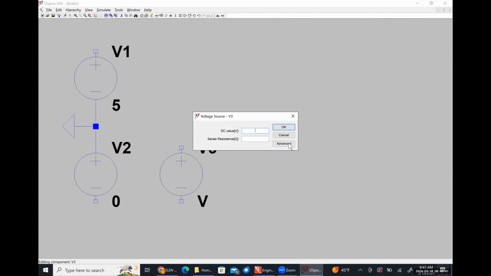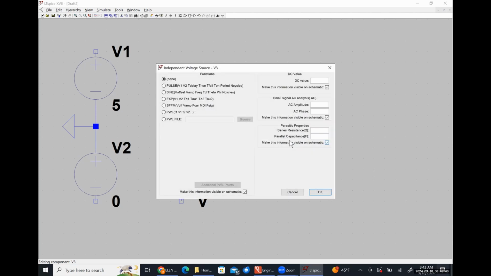So let's go to the advanced tabs and look at what we have here. So we have pulsed voltage sources, which means I can make it either be a high voltage or a low voltage, but it's not really sweeping across that entire voltage range. My next option is a sinusoidal voltage, which oscillates between 2 points, right?